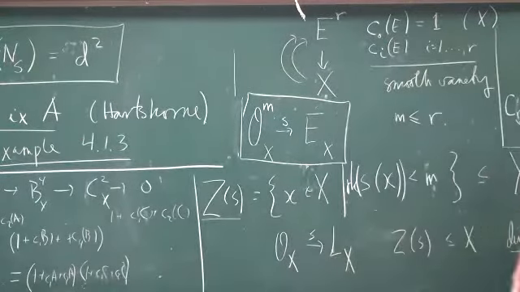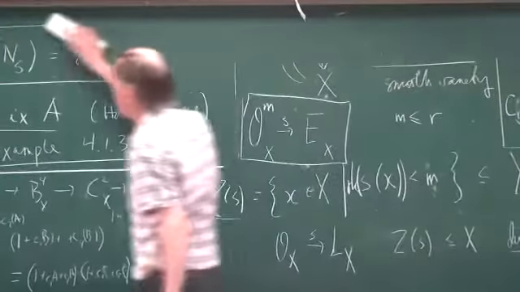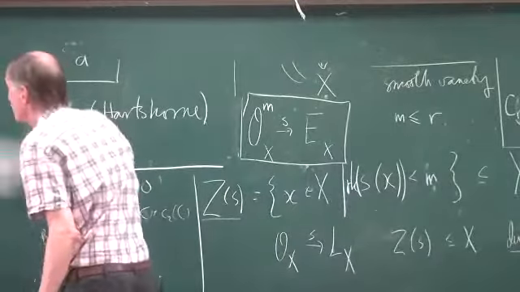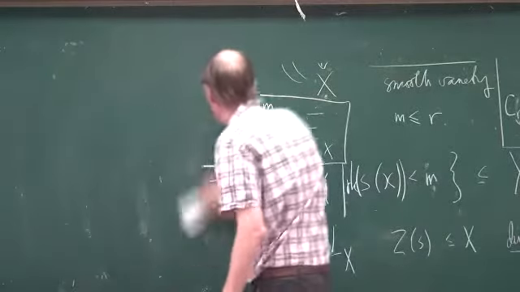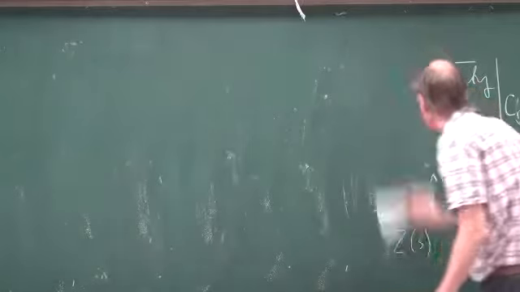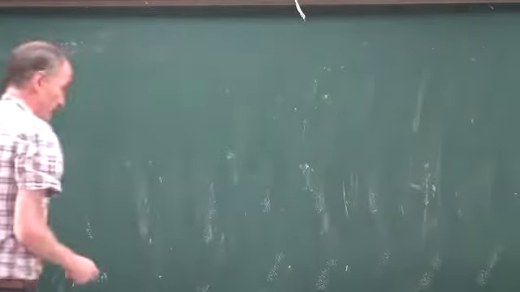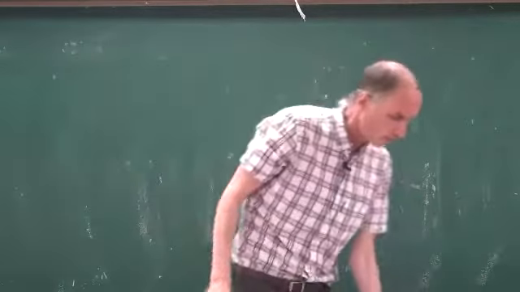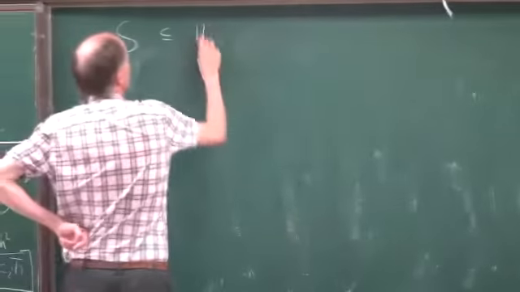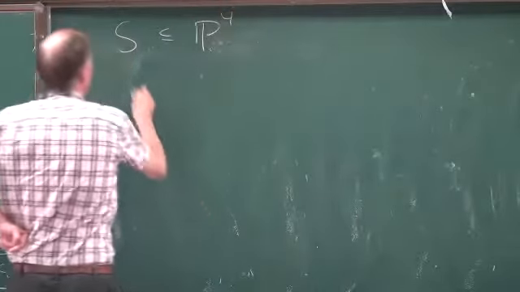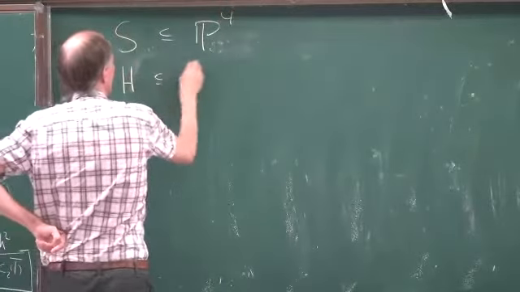So then I move on to the second thing, the arithmetically Cohen-Macaulay. I did some of that really quickly, but let me do this properly, in more detail. So I have my surface S in P4, and H in S is a hyperplane section.